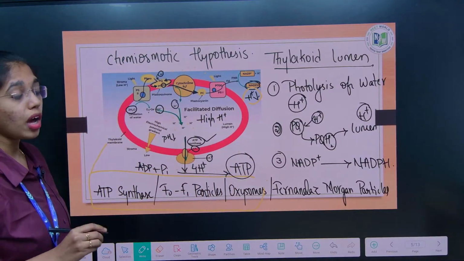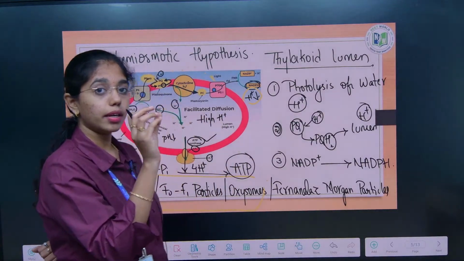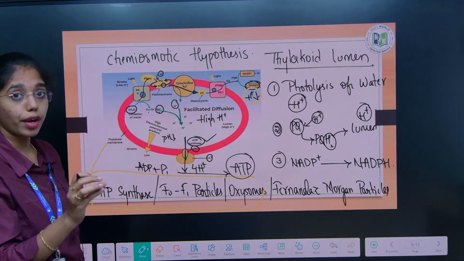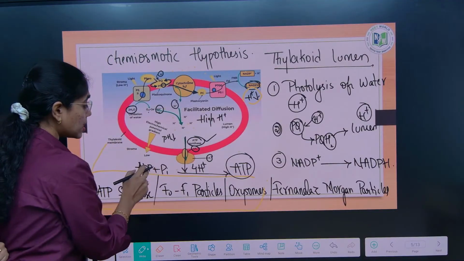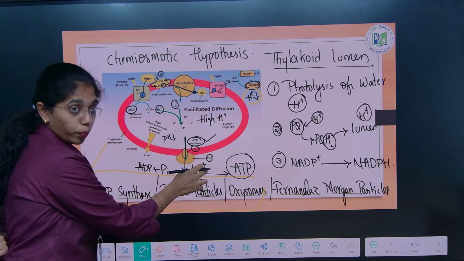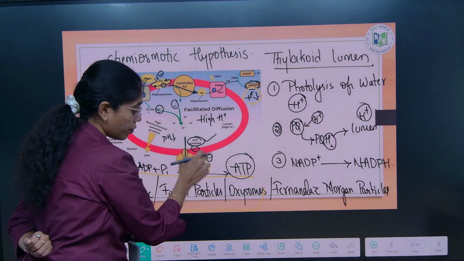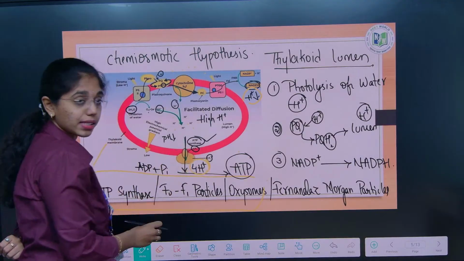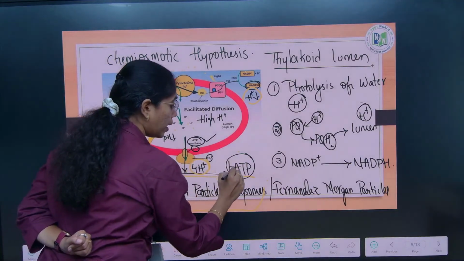Inside the stroma, whichever adenosine diphosphate and inorganic phosphate are there, this ADP will undergo phosphorylation, consuming the energy from the protons. Likewise, 4 H plus are required to form 1 ATP.